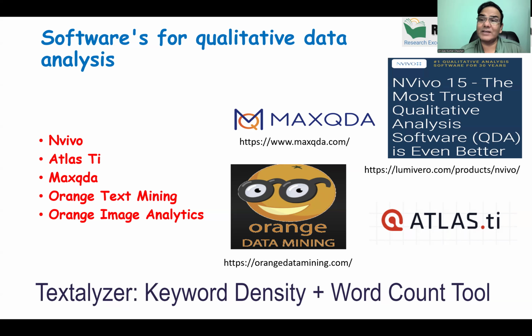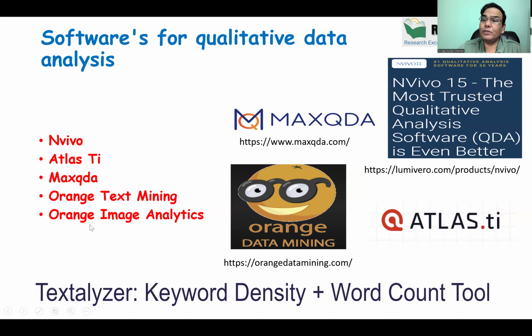There is a prefix and suffix algorithm. There is a text embedding algorithm. So these are all new algorithms. You can analyze the text data with the help of Orange software very easily. You cannot do thematic analysis in Orange software, but all other things you can do.